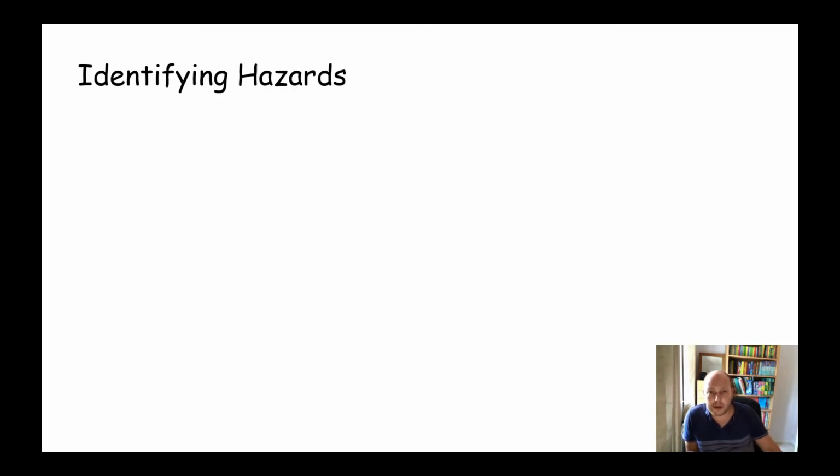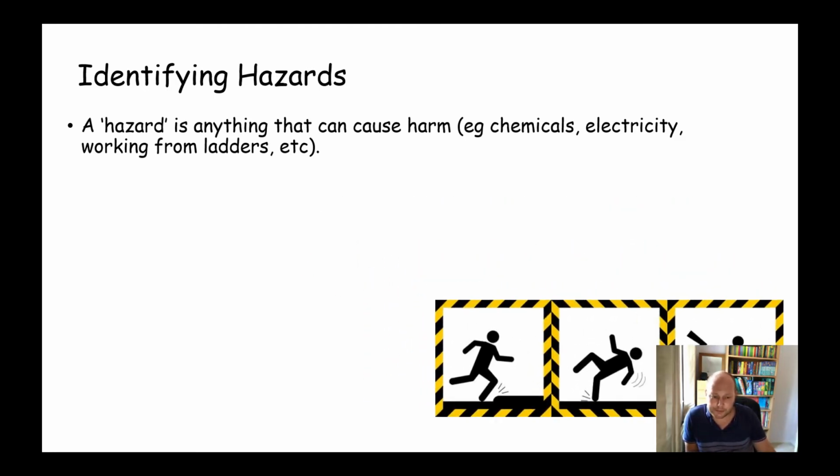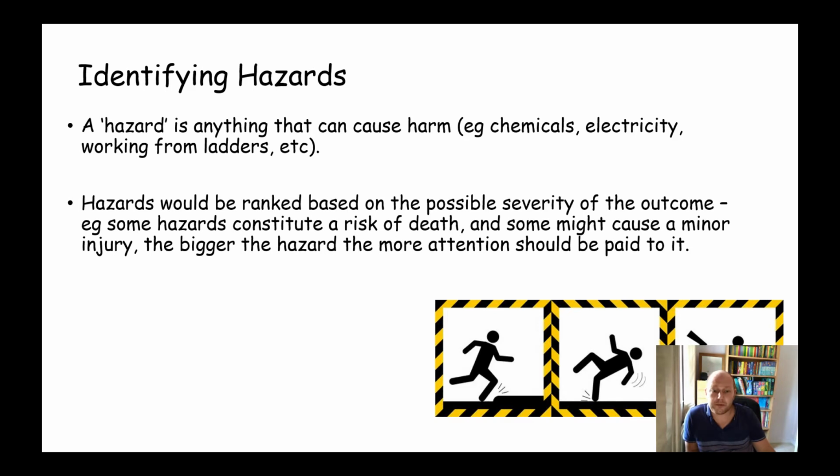Okay, identifying hazards. As we've said, a hazard is anything that could potentially cause harm. So chemicals potentially could be a hazard, electricity is a hazard, working at height is a hazard, slips, trips and falls. The hazards would be ranked based on the severity of the outcome.